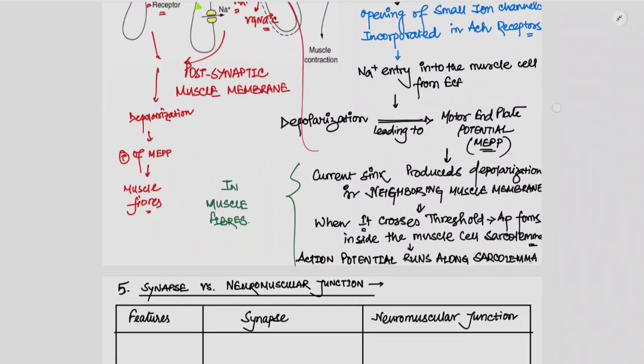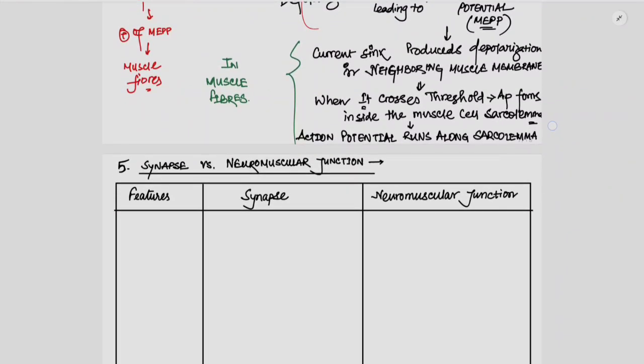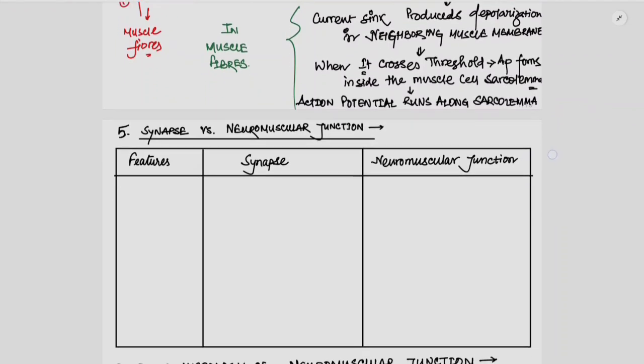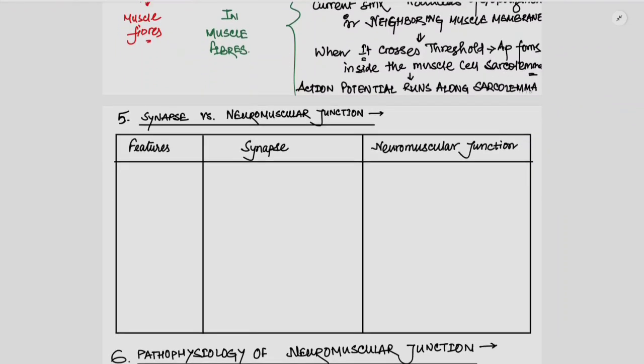Next comes the difference between synapse and neuromuscular junction. Both resemble each other, but there are some contrasts among them. So let's write them down one by one.